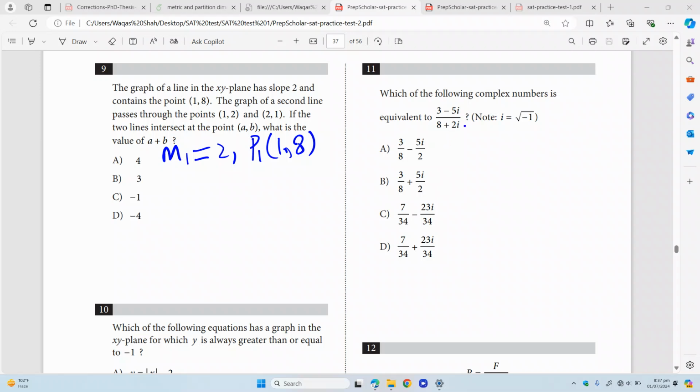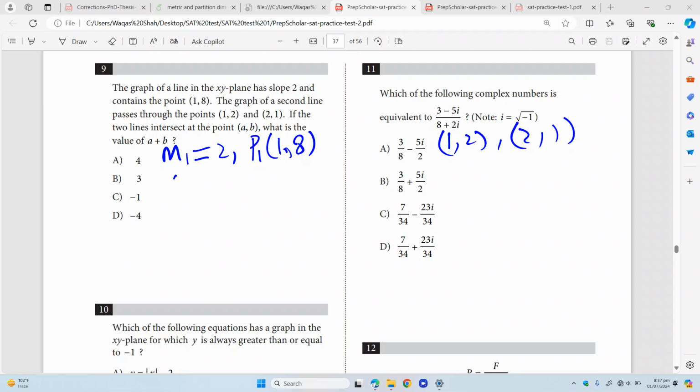Let's say those points are (1, 2) and then (2, 1). Okay, so these are the 2 points through which the second line is passing. If the two lines intersect at the point (a, b), what is the value of a plus b? Okay, so first we will have to write the equation of each line, and then we will find the solution.